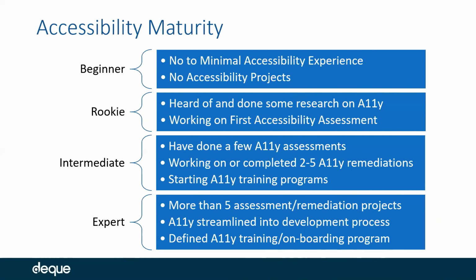And finally, the fourth level that we define is the expert level. This is where you have done more than 5 assessments or remediation projects. So you are a pro at this. You may have accessibility already streamlined into your overall web development or application development process, and really defined accessibility training program, or even an onboarding program for your employees as they join the teams to make sure they hit the ground running.